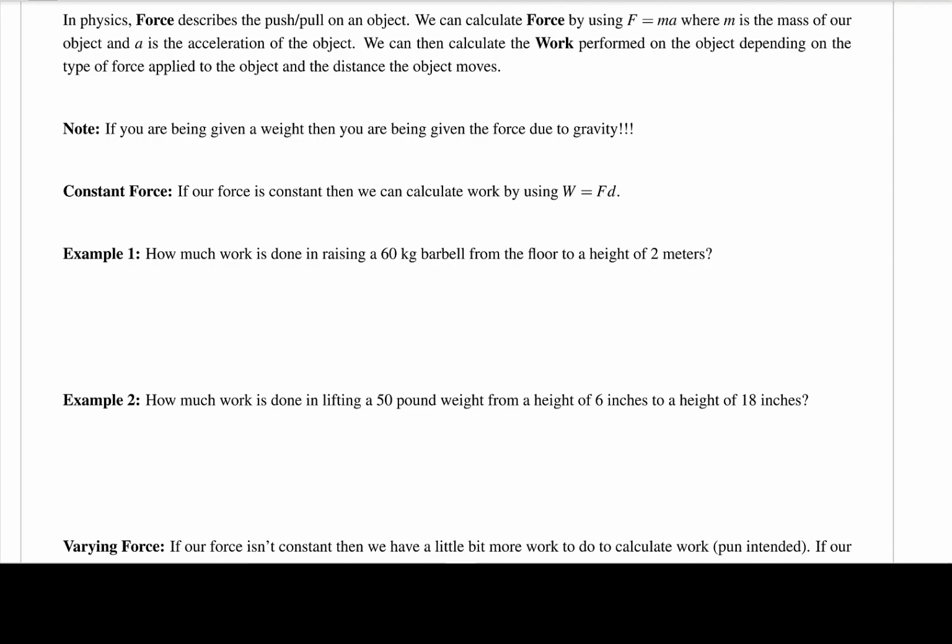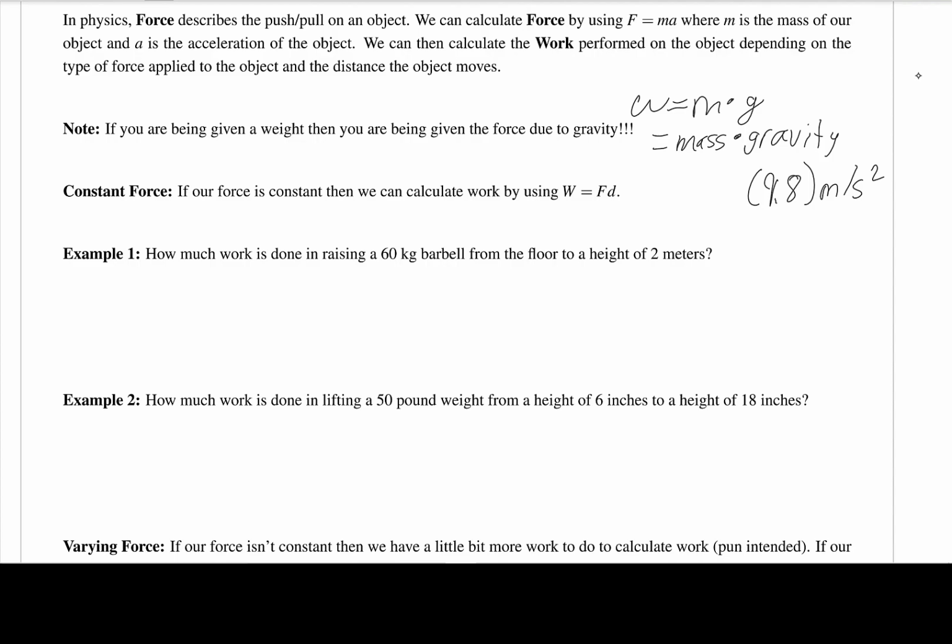If you are being given weight, then you are being given the force due to gravity, right? Weight is equal to mass times gravity. Okay, let me write that down. Now, for whatever reason, the textbook is just entirely focused on using 9.8 meters per second squared as gravity.